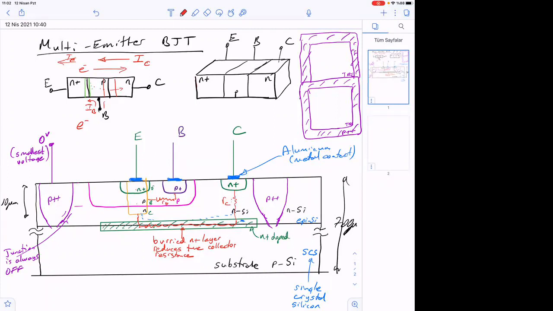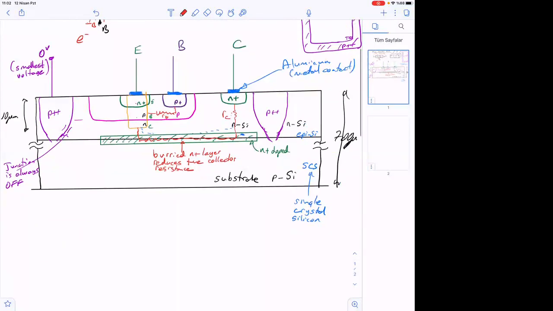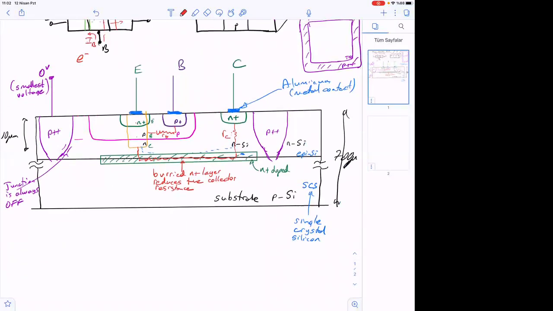I'm sure you have a lot of questions here. In the modeling, or in the small signal model, we see those resistances.